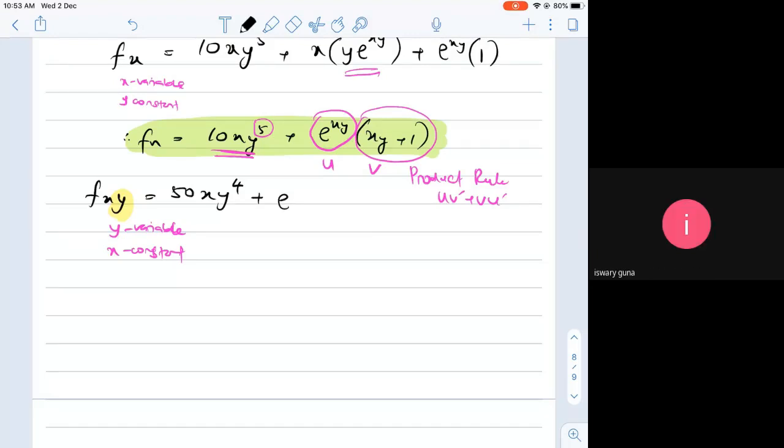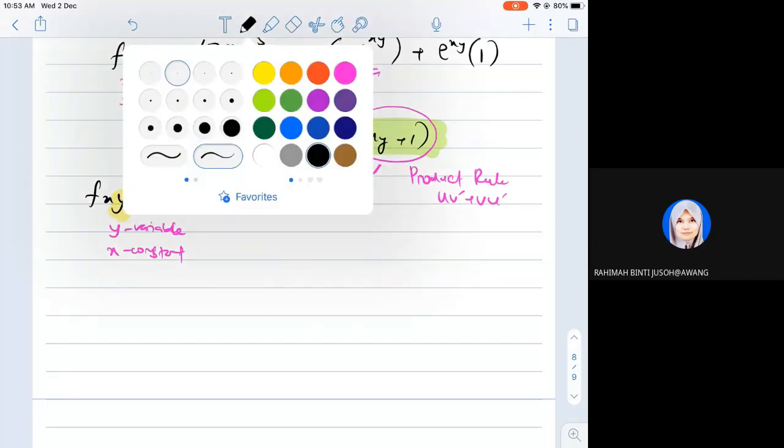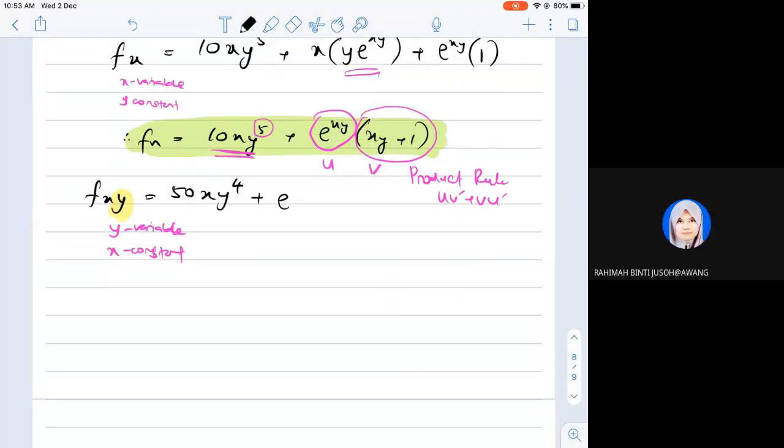Doktor, masa bila kita nak tahu kita kena guna product rule? Oh, okay. It's like this. When you have variable, dalam case ni dia ada variable. Sekarang ni case kita variable kita y kan? Alright. So dalam ni you tengok dia ada multiplication of two types of function.